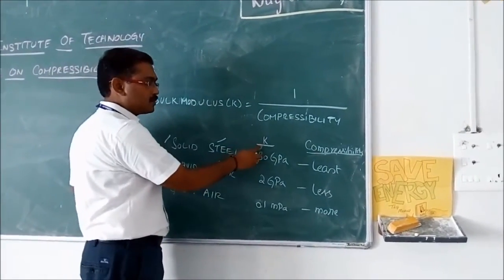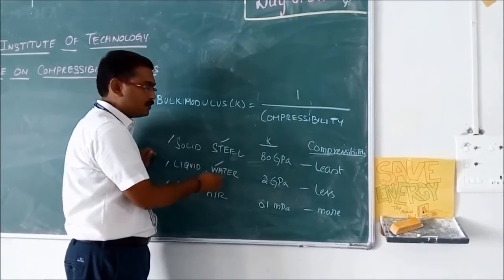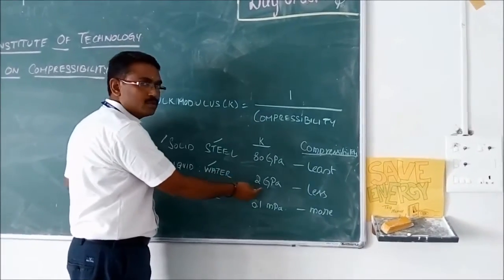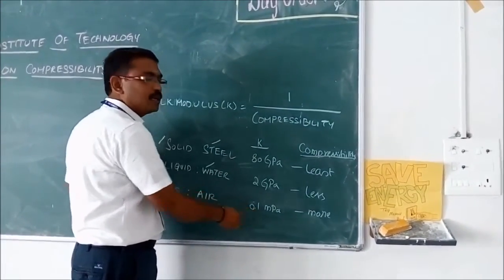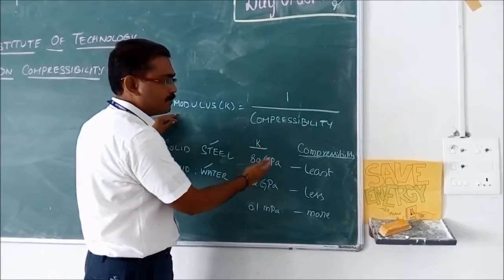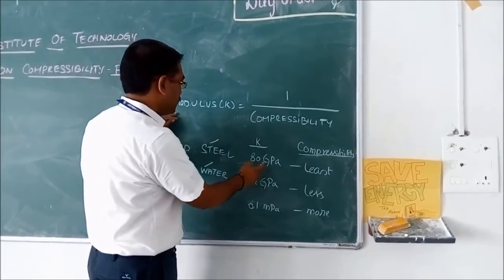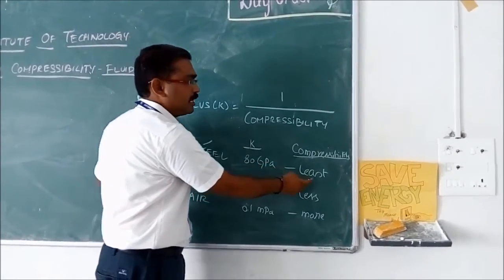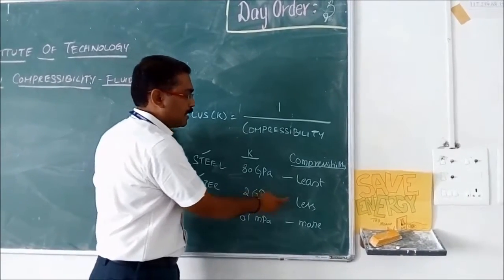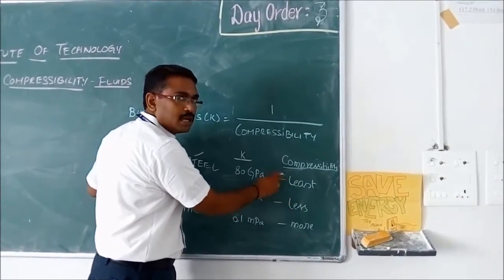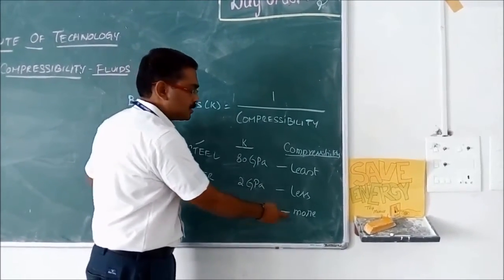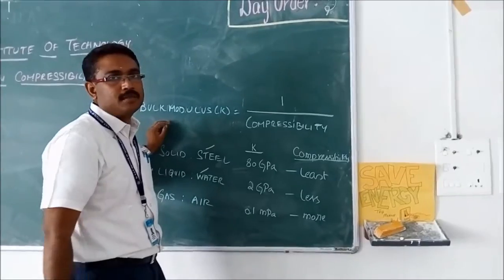Comparing their bulk modulus values, steel is 80 gigapascal, water is 2 gigapascal, and air is 0.1 megapascal. Based on this relationship, steel, which has the highest bulk modulus, has the least compressibility of all three. Water has less compressibility when compared to air, and air, which has the least bulk modulus, has more compressibility.